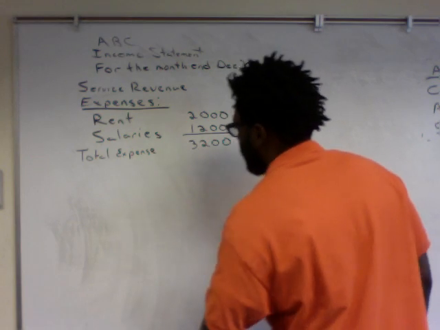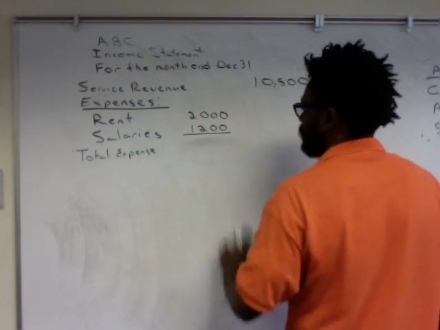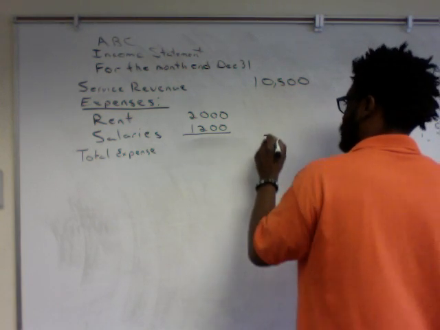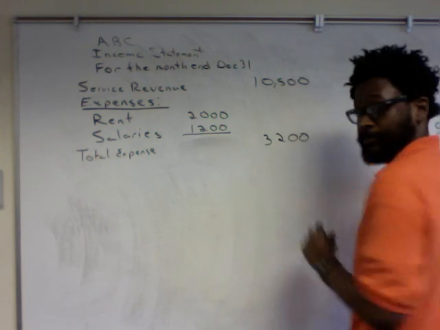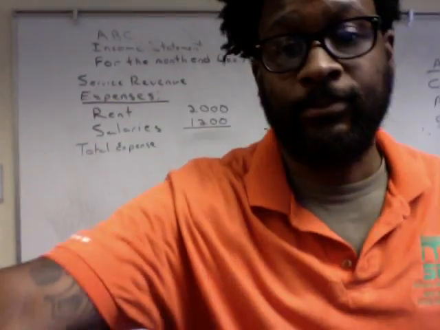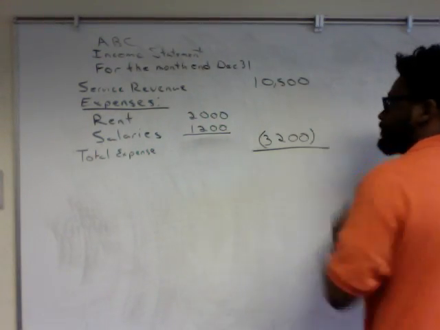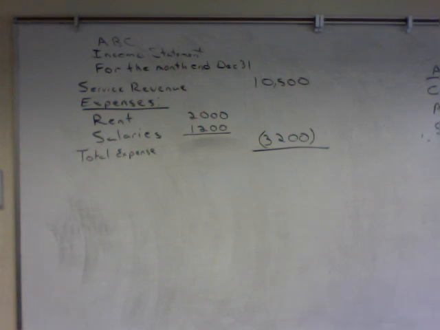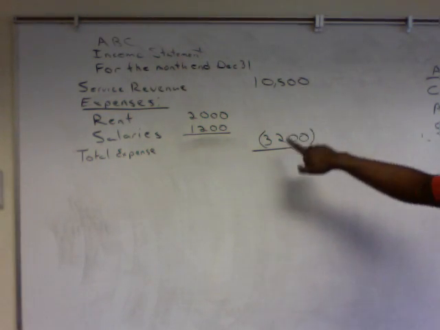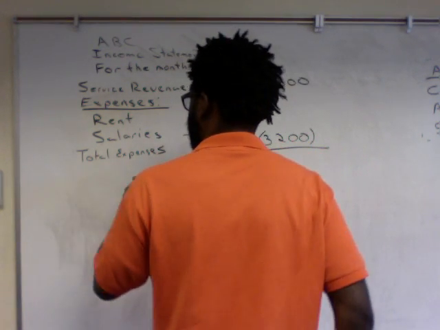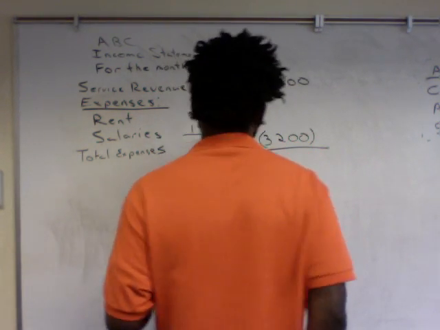You know what? I'm going to post the $3,200 over here because that's what I'm ultimately going to subtract. So I have my total revenues of $10,500 and my total expenses of $3,200. I'm going to subtract them now, and that should give me my net income or net loss.